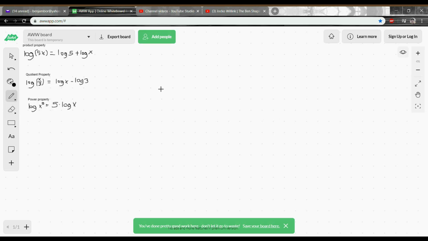So now let's talk about the strategy that we can use to approach condensing logarithms, because it can be tough sometimes to figure out where to begin. Let's say we had a problem similar to what we just did: the logarithm of 3 minus the logarithm of 5 minus log of x.